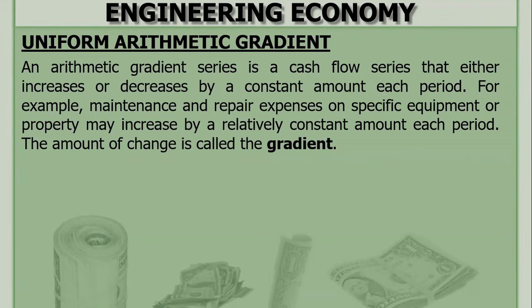For example, maintenance and repair expenses on specific equipment or property may increase by a relatively constant amount each period. The amount of change, whether increase or decrease, is called the gradient.